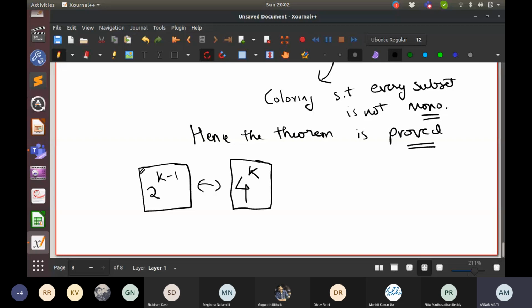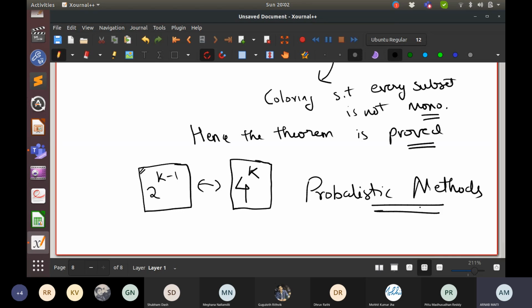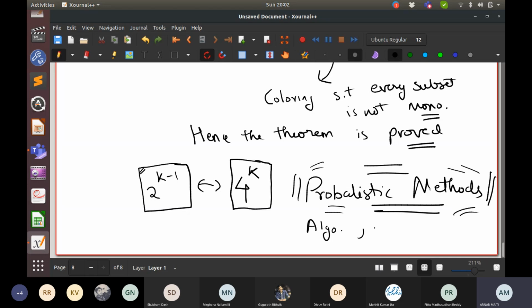This is just one small part of something called probabilistic methods, which is quite a key area when you try to come up with algorithms or nice properties in combinatorics. This is a broader area and I showed only one small part.